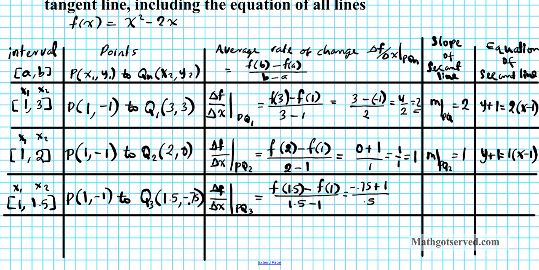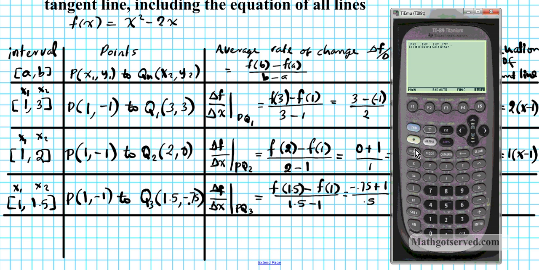We can compute this in our calculators real quick. Let's go home, parentheses, negative 0.75 plus 1, divided by 0.5.